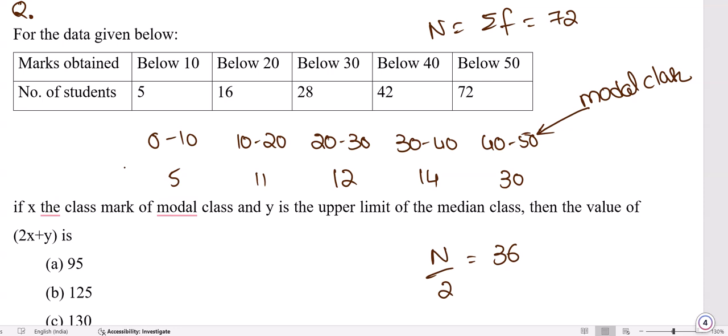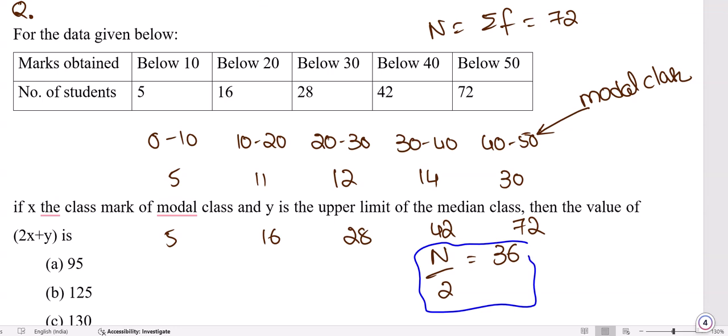So this is 5, this is 16, this is 28 overall, this is 42 up to here, this is 72 up to here. Now which class has cumulative frequency close to 36? That is the median class. How to decide: n is the total frequency, the total number of students, divided by 2. While calculating the median for grouped data, this is the procedure.